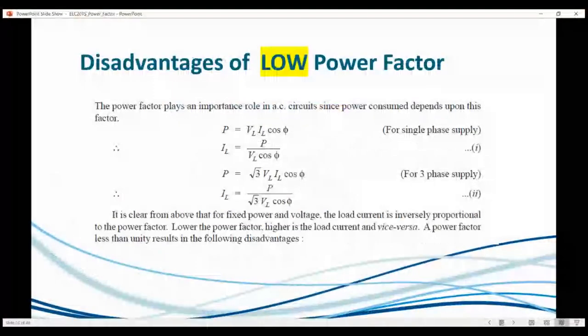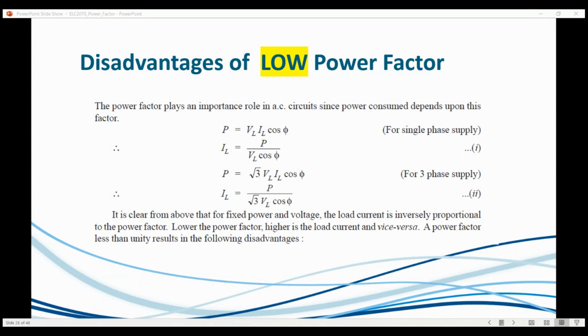Anyway, like I said before, not everything is going to be 100%. You're going to lose a few things, and I want to talk about a low power factor because a low power factor is possible. They're showing the formula for your single phase supply, and they develop a relationship putting current as the independent variable, and all the others dependent.